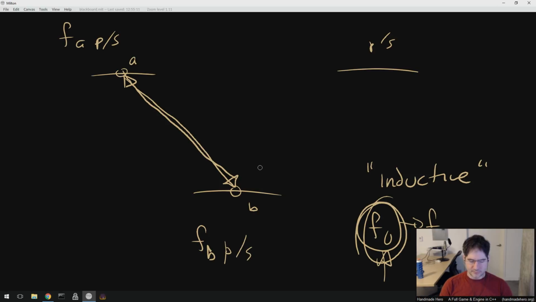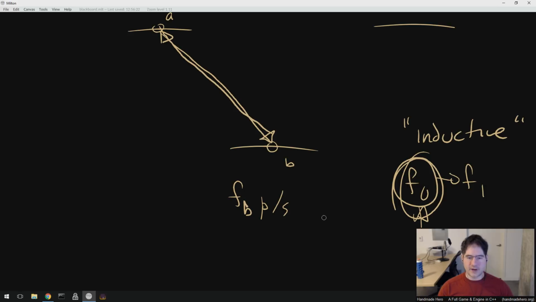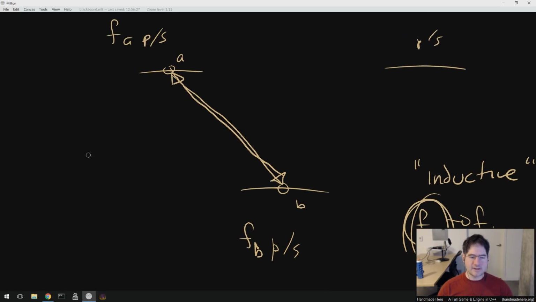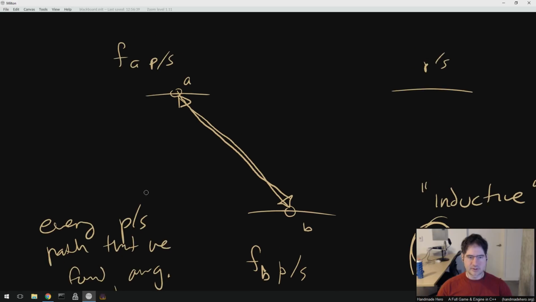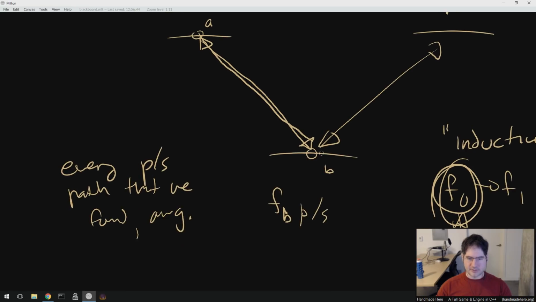and what we were. So I think what we'd rather do is, for every person that we're summing, we want to take every photon per second path that we found, right? And average. So if we found a number of these paths for B on the next frame, for every photons per second path we found, we average those photons per second together.